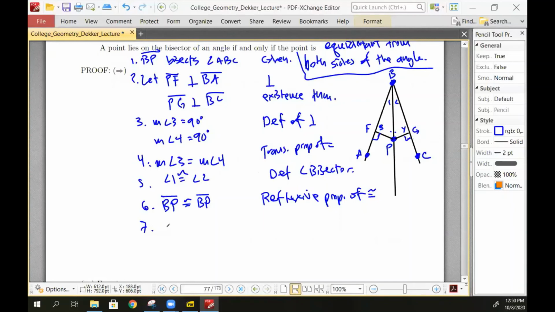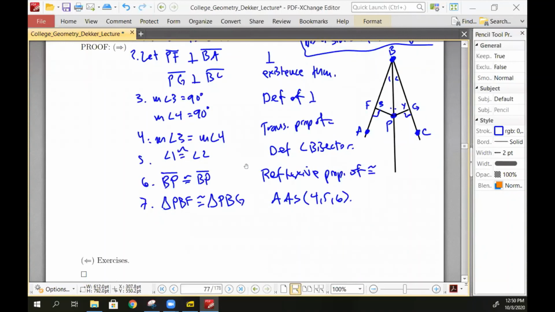So we have that triangle PBF is congruent to triangle PBG. And this is because of angle, side, angle with 4, 5, and 6. Excellent.